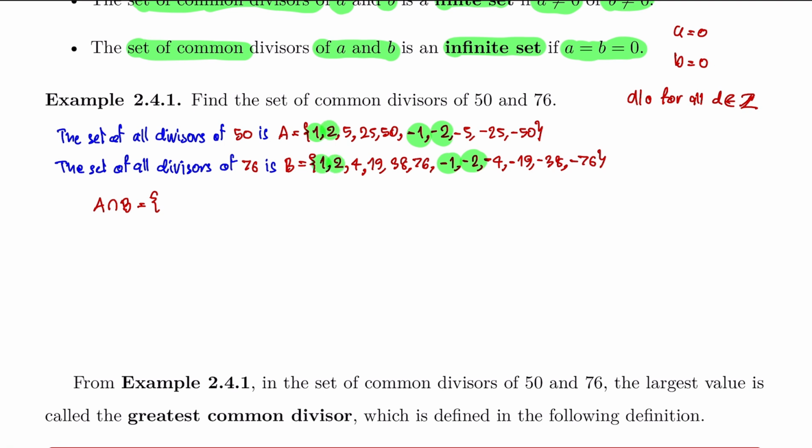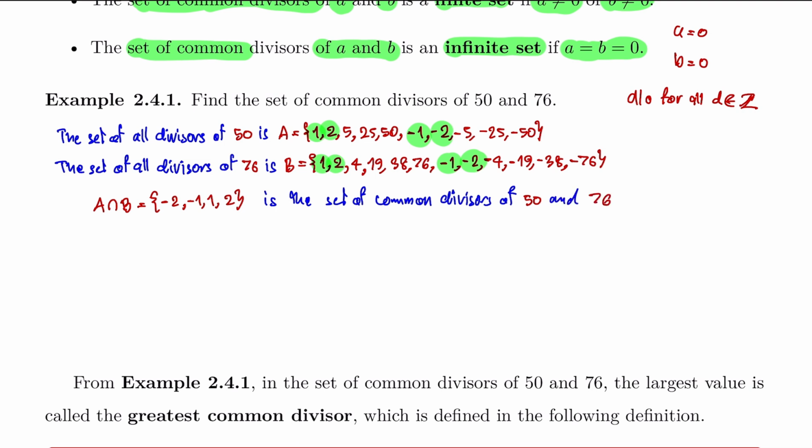So we're going to have minus 2, minus 1, 1 and 2. This is the set of common divisors of 50 and 76.